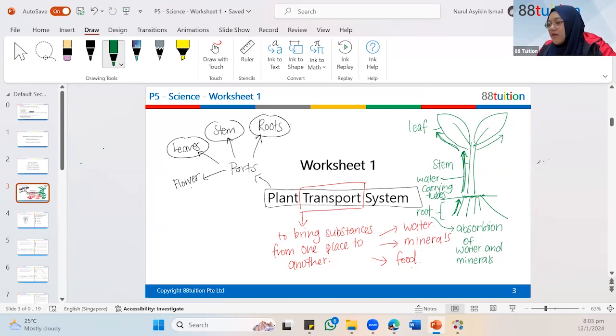So what I will do is I will bracket this water carrying tube. I will remind myself of the direction of transport. So water carrying tubes, the direction is only upwards. One direction, upwards.